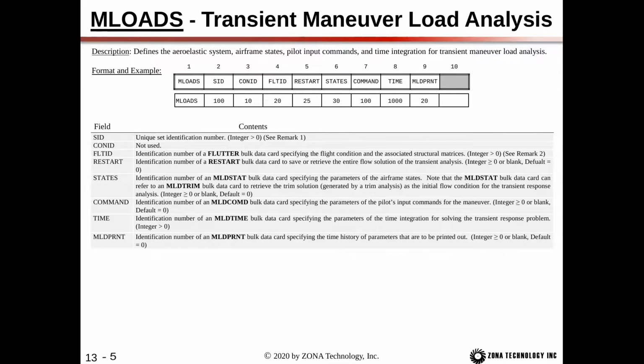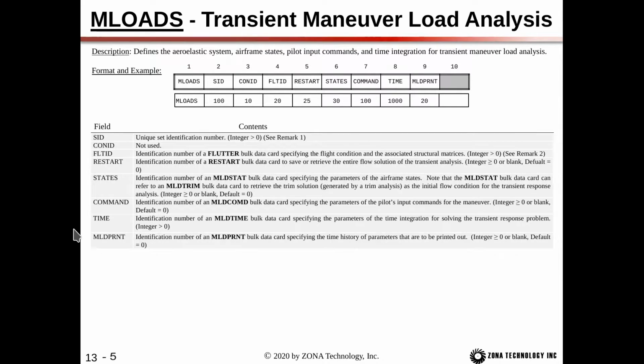transient analysis. Next we have the states field that can refer to an MLDSTAT card, which specifies parameters of the airframe states. Furthermore, the MLDSTAT can refer to an MLDTRIM to retrieve the trim solution, which was generated by a trim analysis, as the initial flow condition for the transient response analysis. Next, we have the command field, which refers to the MLDCOMMAND card, which specifies parameters of the pilot input commands for the maneuver.